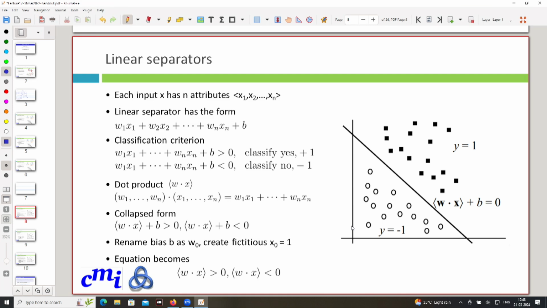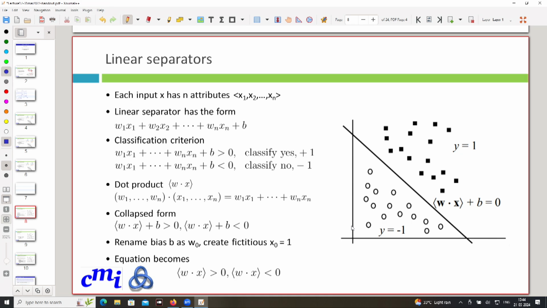So b is a number. W would be essentially, think of a line. What is the equation for a line? y equals mx plus c. So c is some constant, m is also some constant, and it's just multiplication with x. So this is basically the higher dimensional form of this. Here instead of mx plus c, you have w dot x plus b.